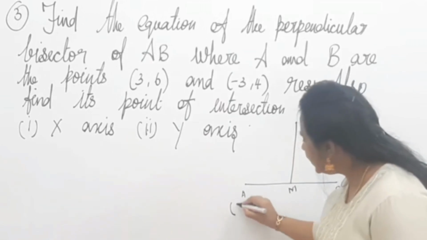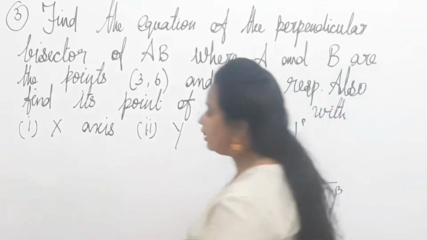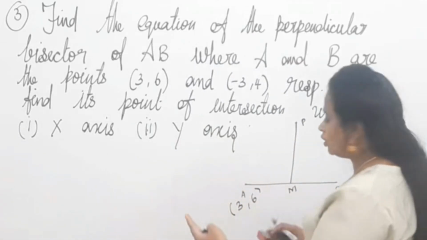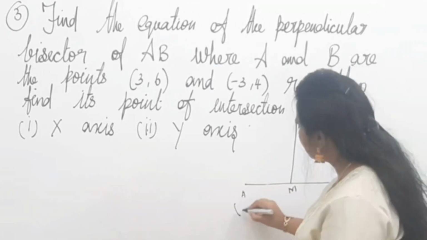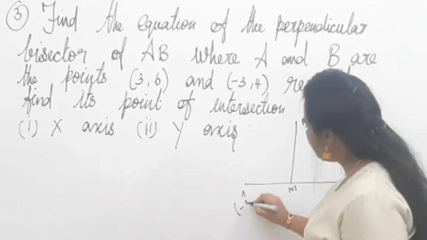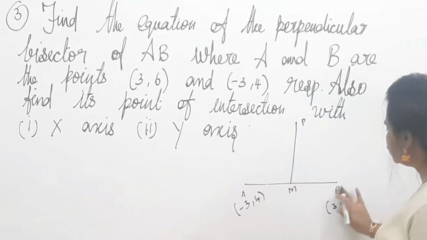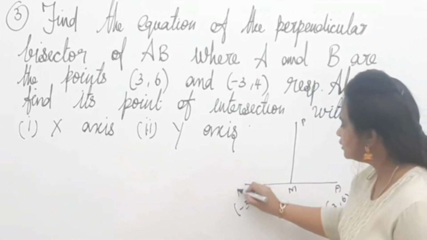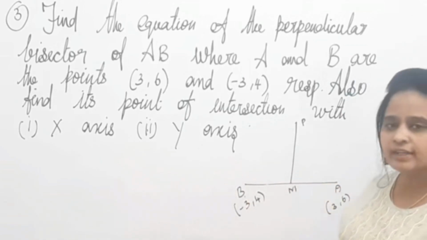The coordinates are 3, 6 and it is given minus 3, 4. Since minus comes to your left, the second quadrant, I would write my coordinates minus 3, 4 and this is 3, 6. So I have to change my vertices, that is A and then this is B. Hope everyone understand how to get your diagram.